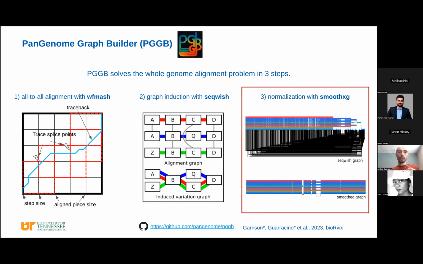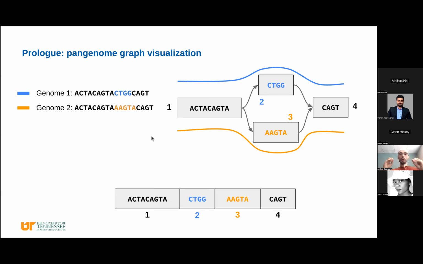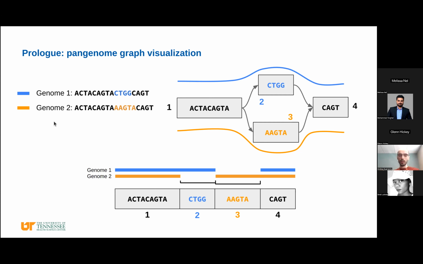To explain how we normalize the graph, I have to introduce a possible way to visualize pangenome graphs. For example, we have these two sequences and a pangenome graph that can represent them. If we put the graph nodes in one dimension, on one axis from left to right, we can represent these two sequences in this way.